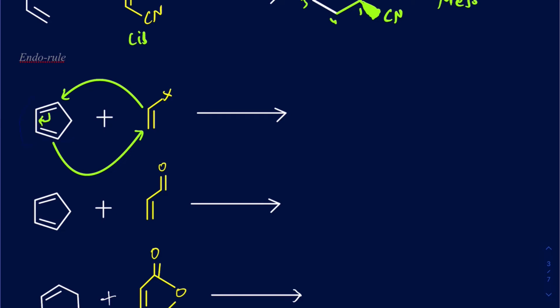I can put this down here and recreate your pi bond here, and then I can have these new bonds created, and I'll redraw that in a minute as a better structure.